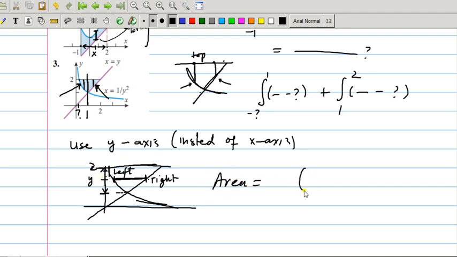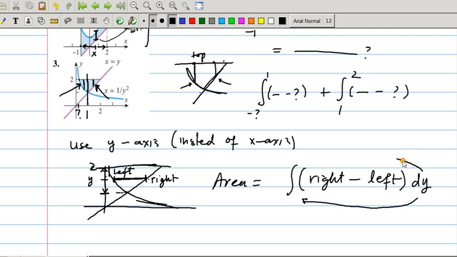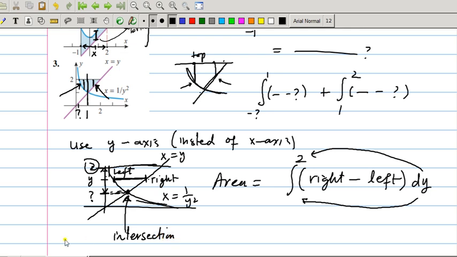Let's say y starts from here to here, right? If I take any y inside and make a horizontal line now, what is the top? Top is the right side now, and bottom is the left side now. So this distance will be right minus left. So my area will become right minus left instead of top minus bottom, with respect to y.